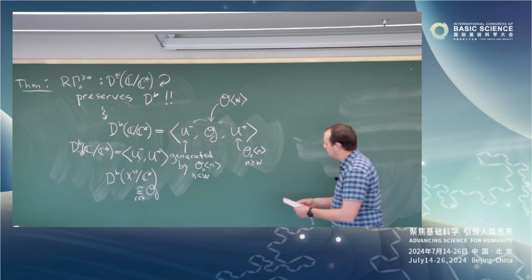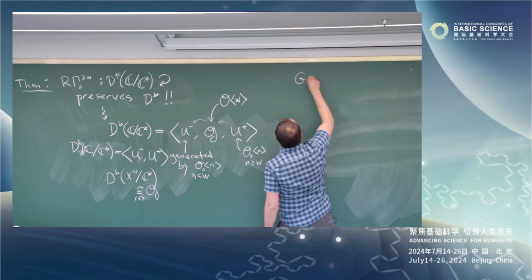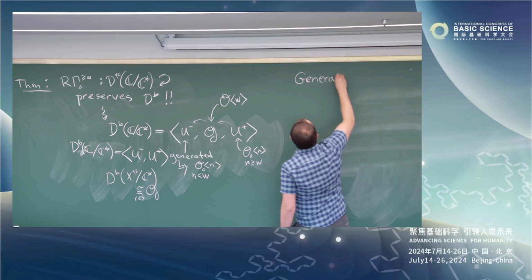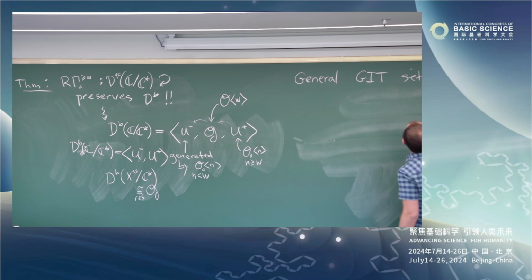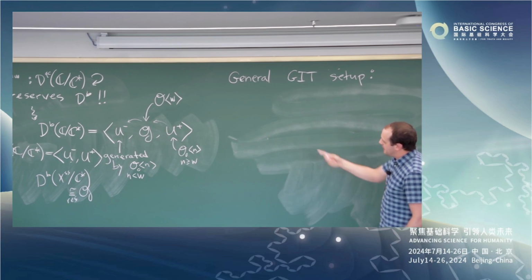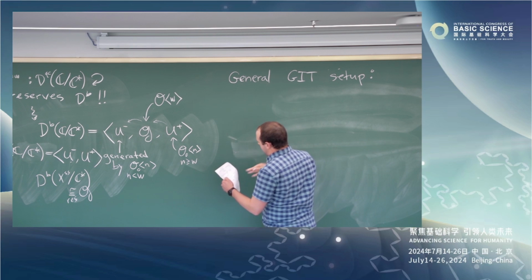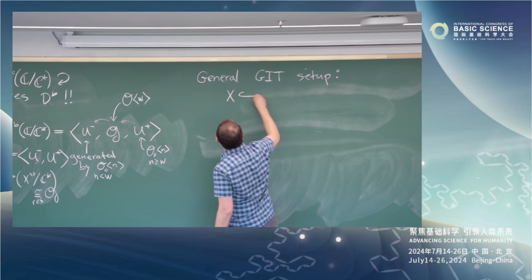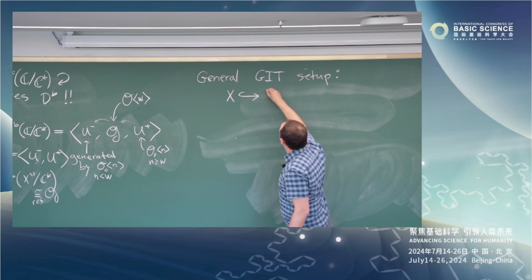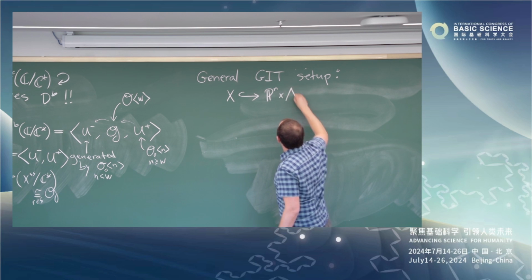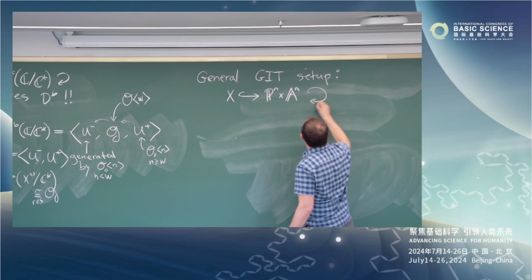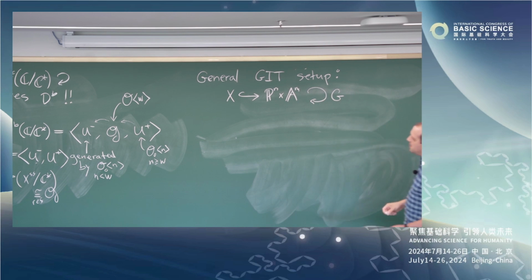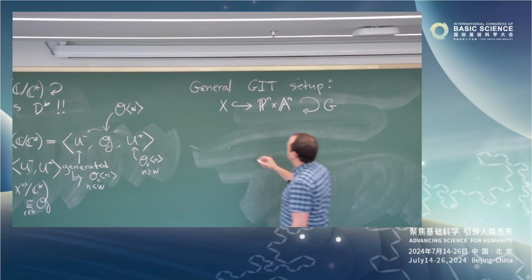So to return to the general GIT for a moment. What you have is an X that I'll put inside of P^n times A^m, and it'll have a G action, which comes from a linear action on this ambient variety, and I'll fix a parameter.